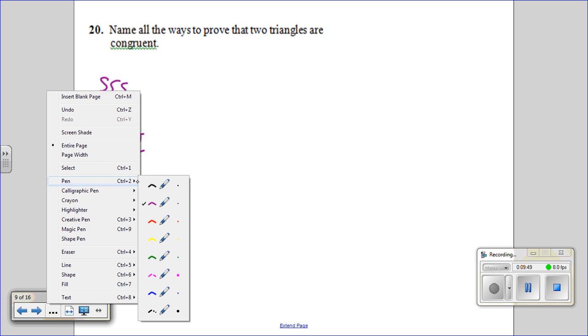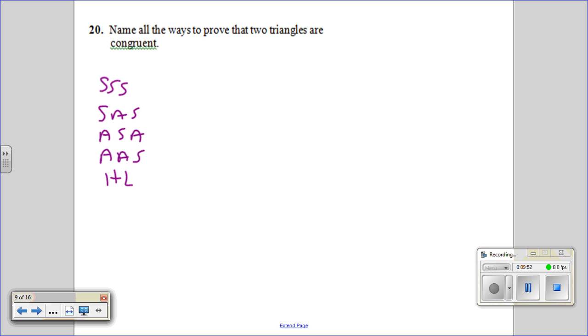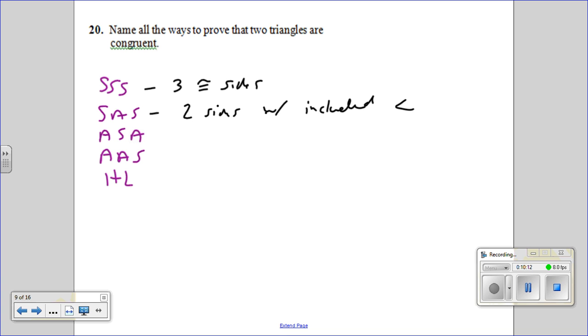So again, the first one is side, side, side, where you're given 3 congruent sides. On side, angle, side, you're given 2 sides with included angle. On angle, side, angle, you're given 2 angles with included side.